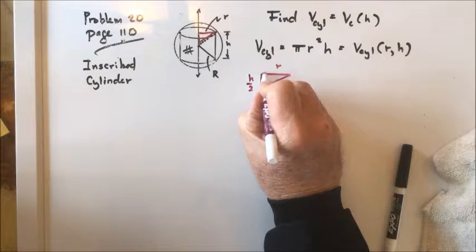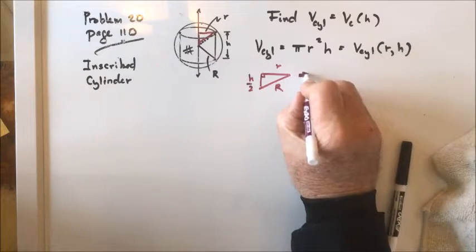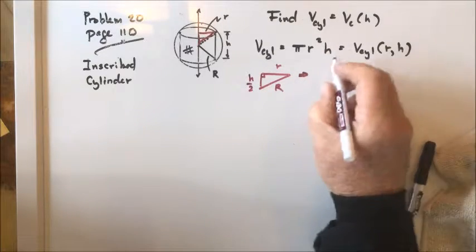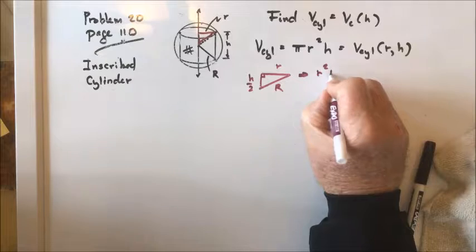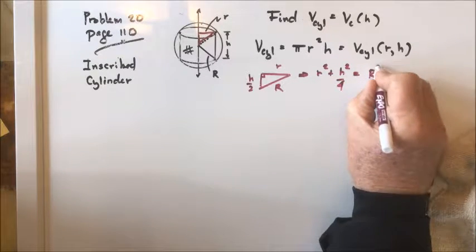It's a right triangle. Using the Pythagorean theorem, this side squared plus this side squared equals this side squared, or r squared plus h squared over 4 is equal to capital R squared.